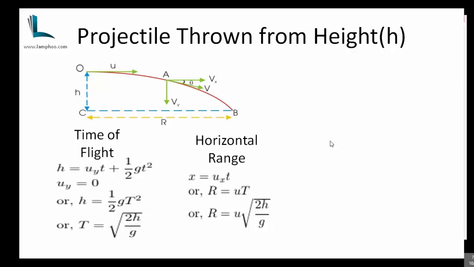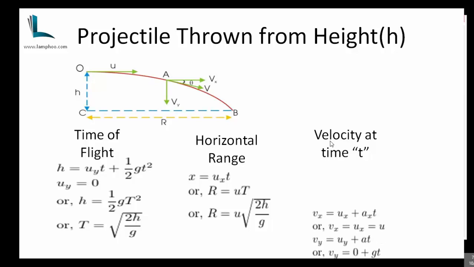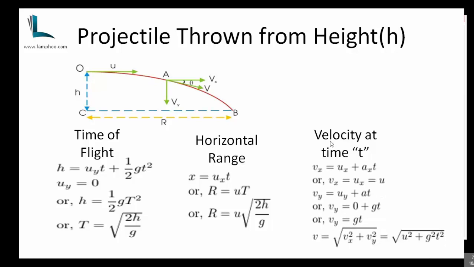Horizontal acceleration is 0, and when the time of flight is capital T, then horizontal distance is capital R. So we get capital R equals u times capital T, and finally u times square root of 2h by g.